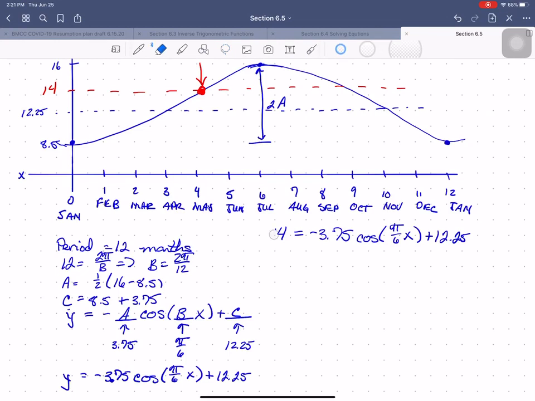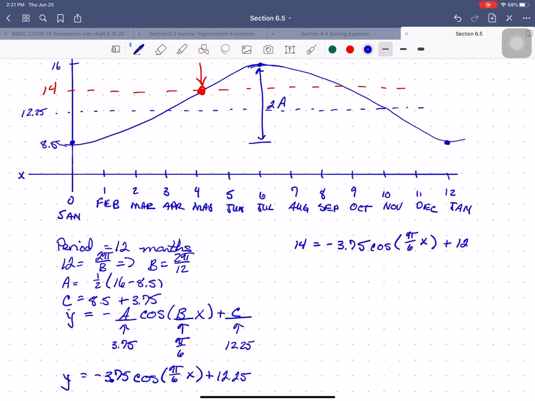So I'm trying to solve the equation 14 equals negative 3.75 times the cosine of pi over 6x plus 12.25.